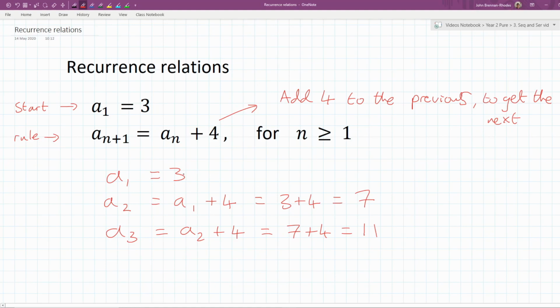Now, what you might have noticed is the sequence that we've got is 3, 7, 11, and the next one would be 15, and we've got an arithmetic sequence. Well, this isn't that surprising, because what we've said is that the rule is you add 4 to the previous term to get to the next. Well, that is an arithmetic sequence. So from this, you could find the nth term by using the formulas. You could find the 50th term because we know it's an arithmetic sequence.